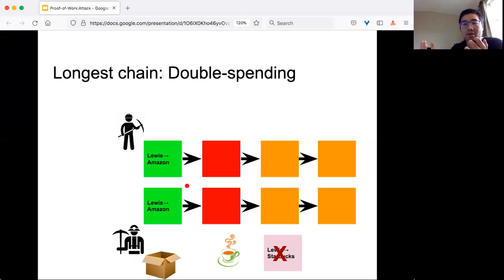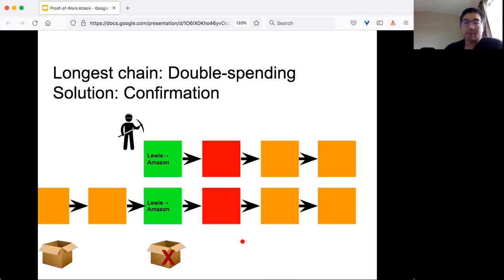It's an orphan block. No one will adopt it because it's not on the longest blockchain. So what's the issue? Louis already drank the coffee, and Starbucks lost money. This is the thing that we want to prevent.